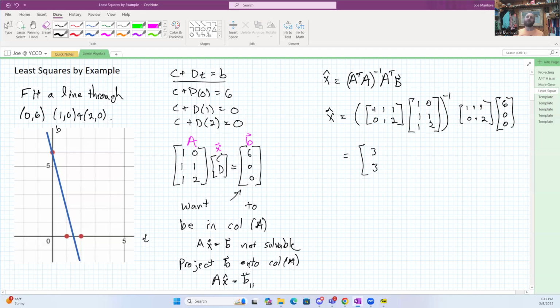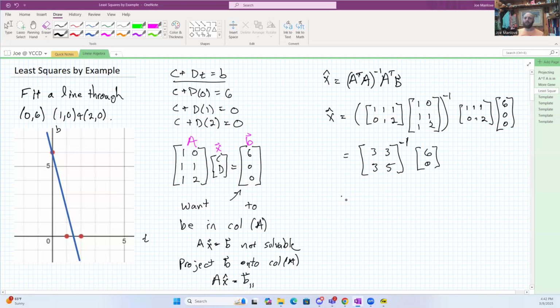Then I'm going to get a 3 again, and then 1 plus 4 is 5. So I need to invert that matrix there, and then multiply by this. That multiplication I can just do right now. That's going to give me the vector 6, 0.